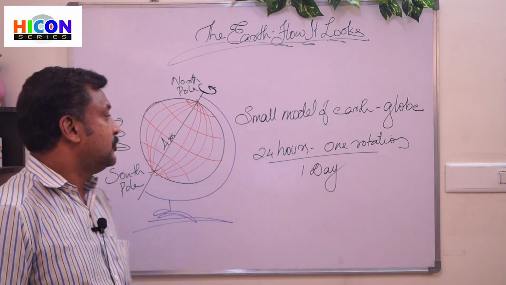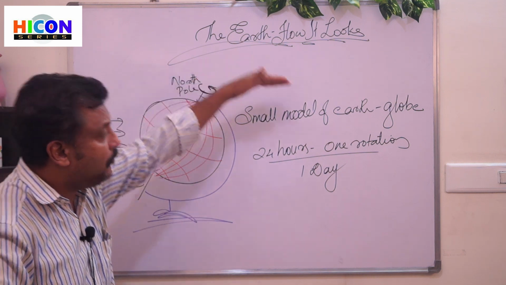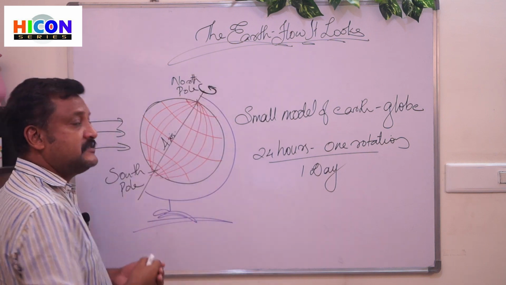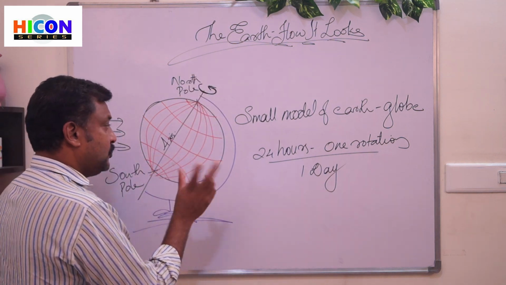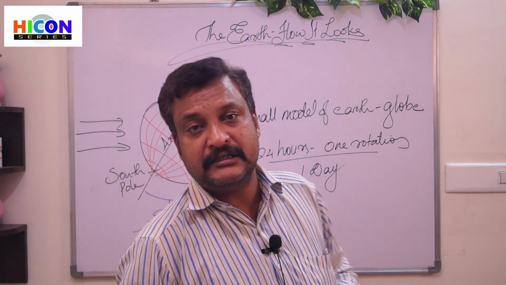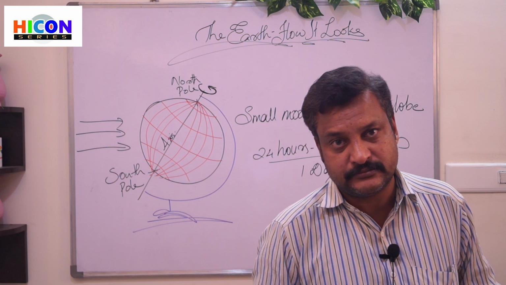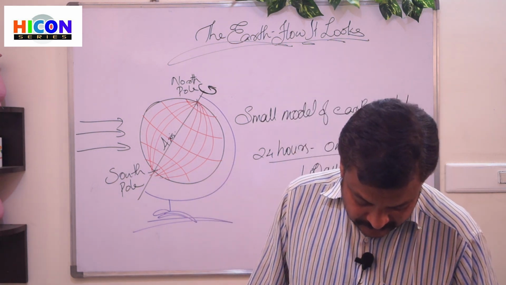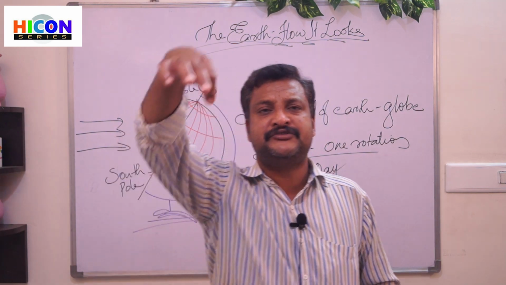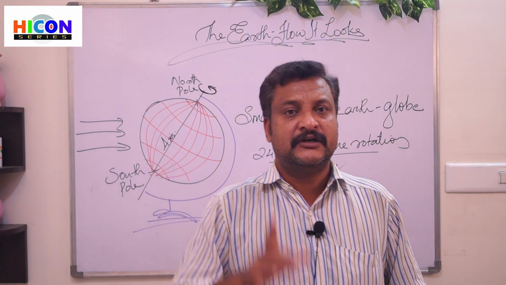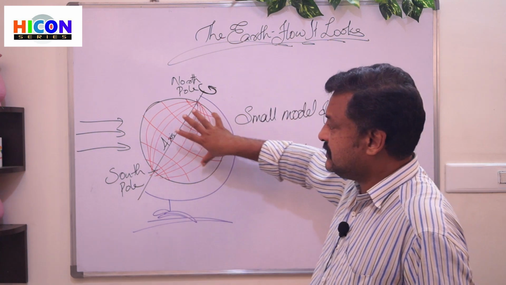So globe is a small model of earth which is fixed on its axis, so that we can rotate it to study how days and nights are formed. And each and every feature that we find on this earth will be printed on this globe.